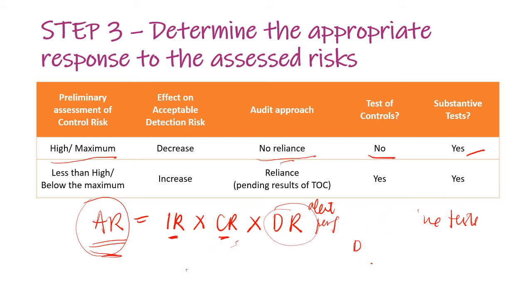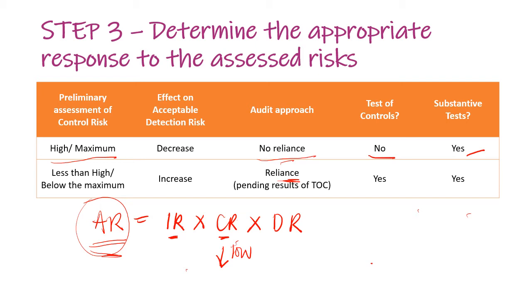Next, what if your assessment of the control risk is low? What will happen now? Therefore, the approach of the auditor is reliance. When your control risk is low, it means you intend to rely upon the controls.